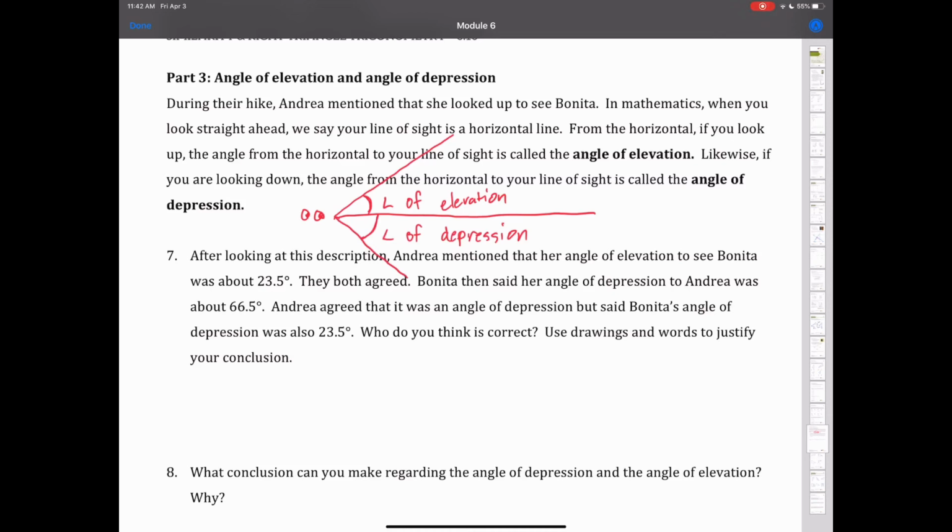So let's real quick just draw Andrea here, Benita here. Okay, remember that we've got our horizon. Okay, and here's their line of sight. So what you need to do is pause the video and try to create an argument saying who you think is correct.